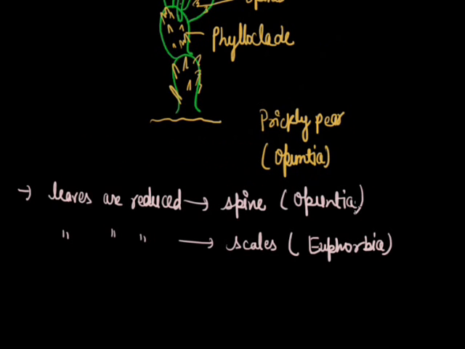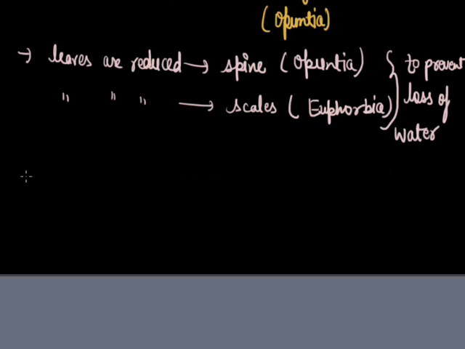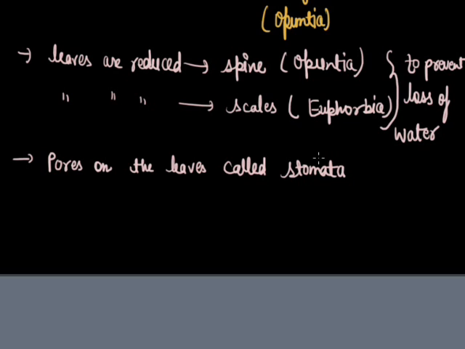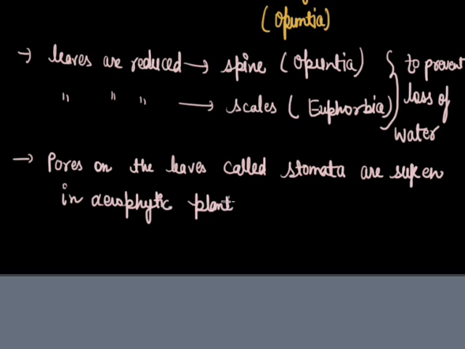This helps to prevent loss of water. Pores on the leaves called stomata are sunken in xerophytic plants. This also helps to reduce the rate of transpiration.